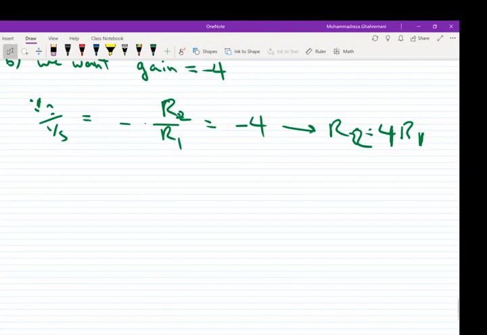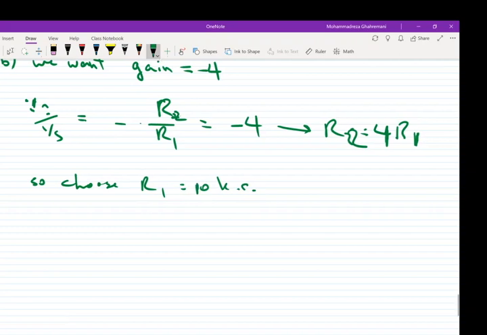Okay, so let's just pick a value for R1 based on our component availability. Let's choose R1 equal to 10 kilo ohm.